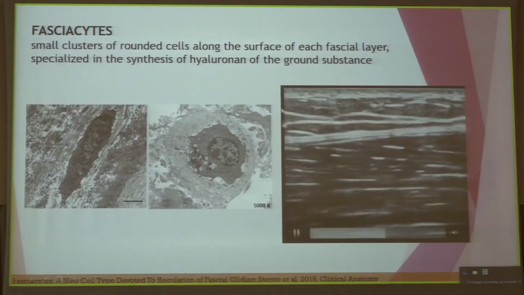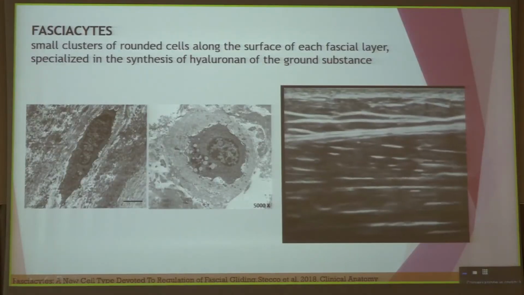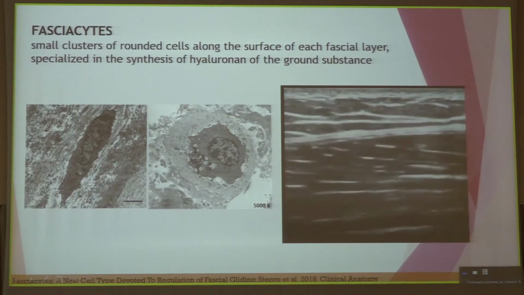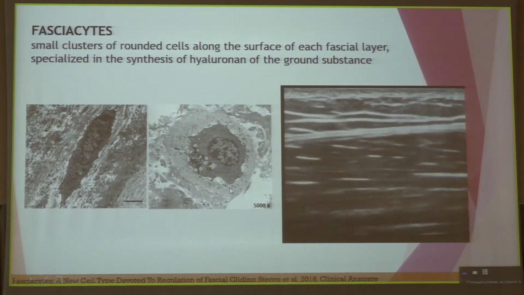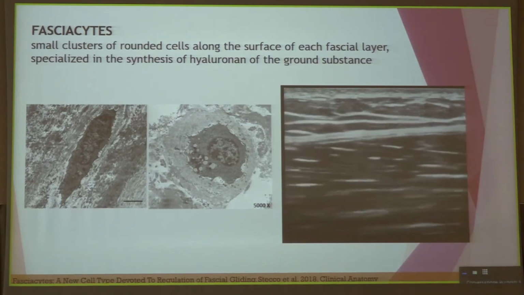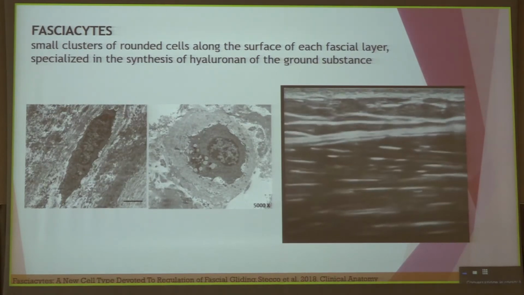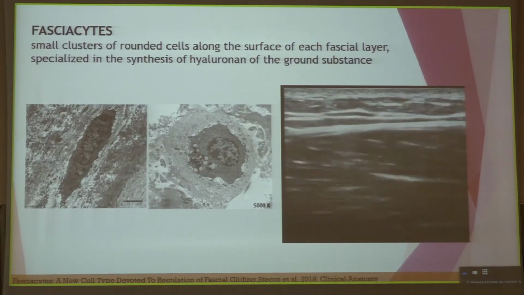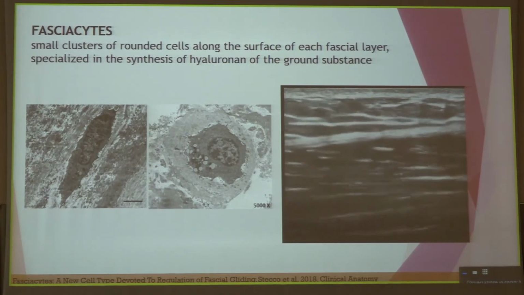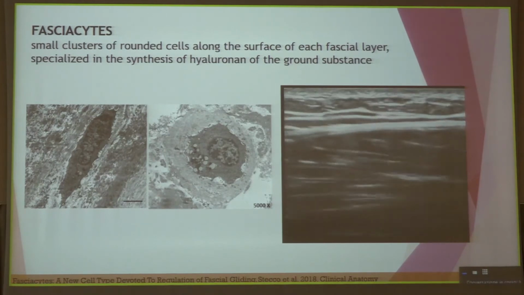They are more rounded with a big nucleus, and the extracellular matrix around the fasciacytes is made not of collagen fibers but of hyaluronan and loose connective tissue, hyaluronan glycosaminoglycans. So it is important that these fasciacytes are at the borders of the different layers because they synthesize the hyaluronan.